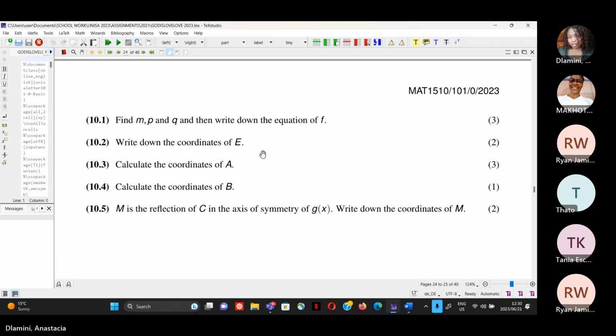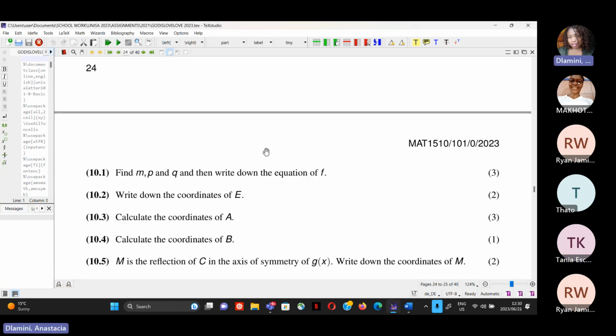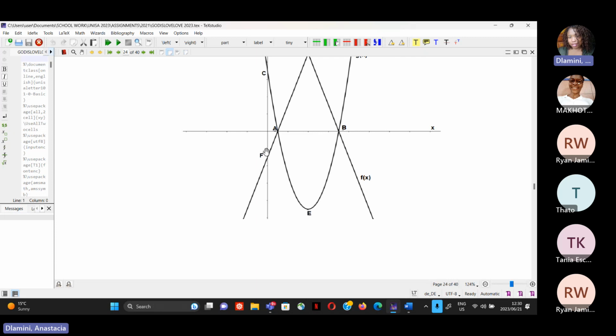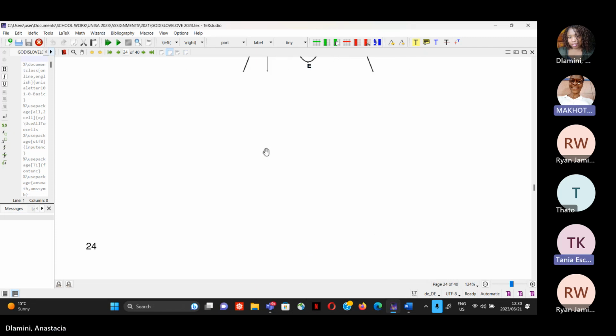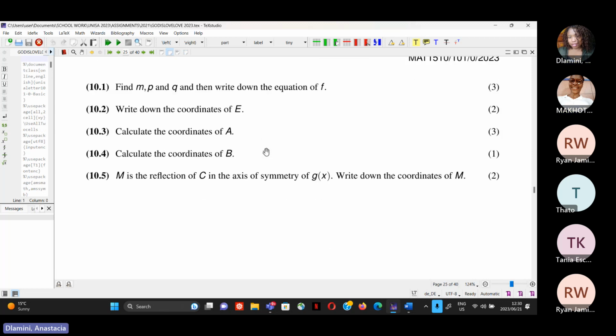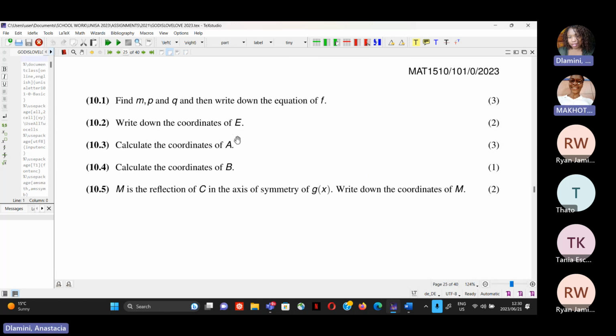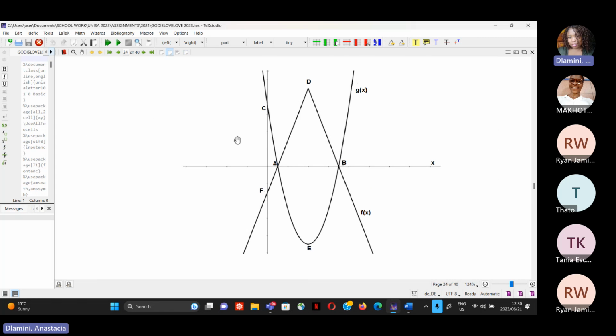You see the graph, right? Write down the coordinates of E. What is E? E is the turning point. Now you know how to find it. Calculate the coordinate of A. What is A? A is the left root of the parabola. We didn't talk about the roots.